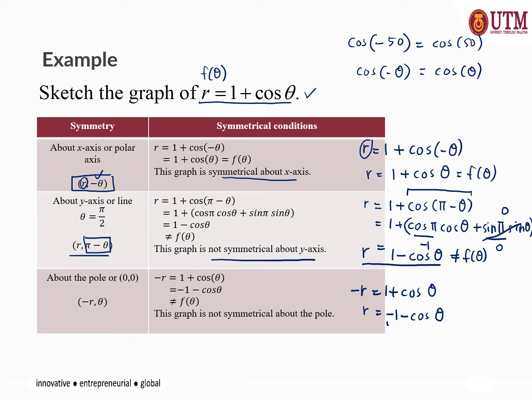You can see this function is not equal to the original function, which is 1 plus cos theta. It's not the same. 1 plus cos theta is not the same as -1 minus cos theta. So we can conclude that this graph is not symmetrical about the pole. So from this symmetry test, the graph is only symmetrical about the x-axis.